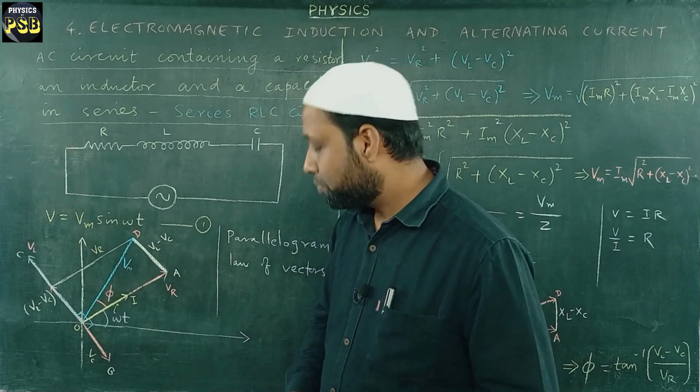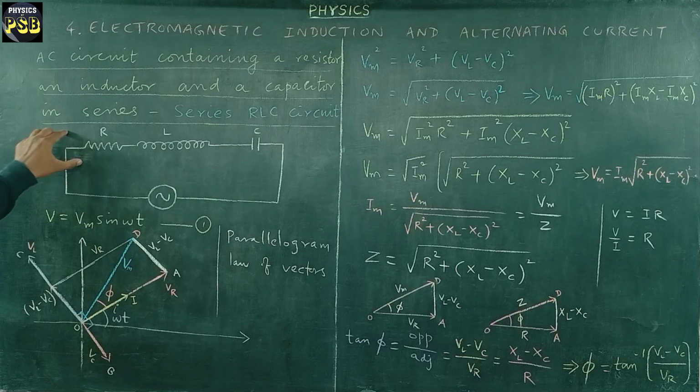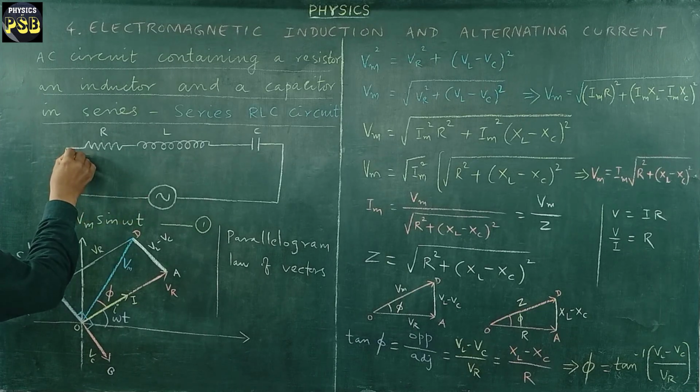AC source. When we do so, alternating current flows through these components. Due to the flow of current through them, a voltage is developed across these components.